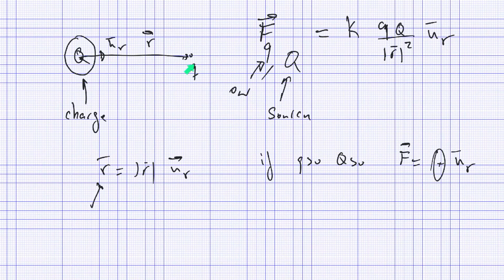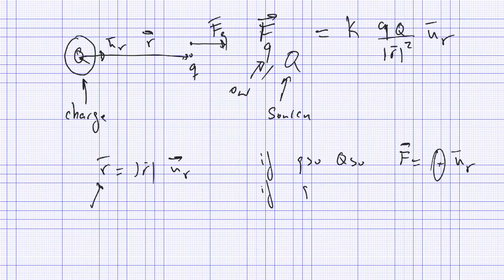So if little q is positive and capital Q is positive, the source is positive, the force will be in this direction. Force acting on little q. Then we can say that like charges, that have the same attribute, both of them positive, are repulsive.